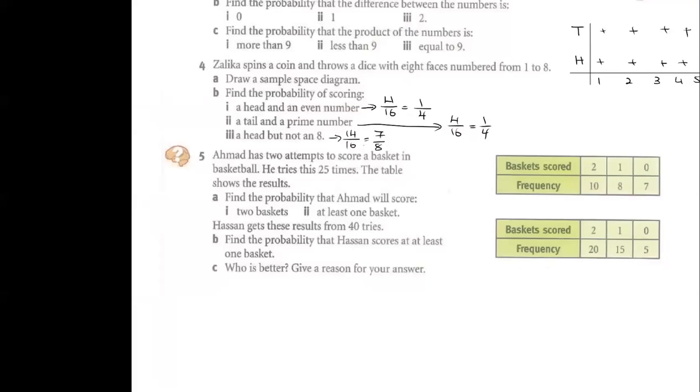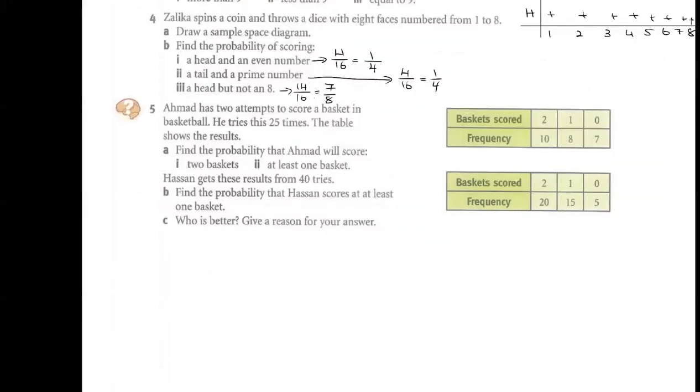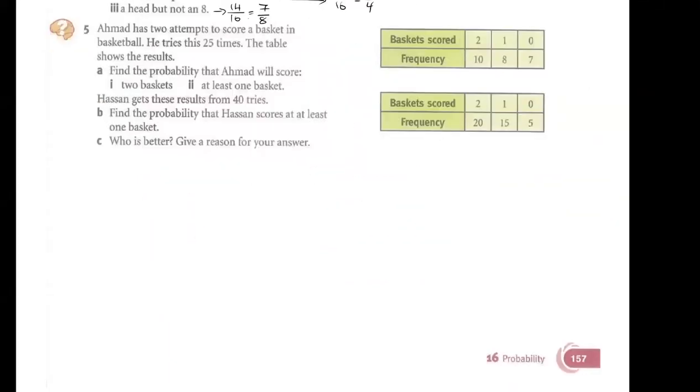That's it. The last one, Ahmad had 2 attempts to score a basket in basketball. He tries this 25 times. The table shows the results. Okay, so these are all the results that are being shown here. Find the probability that Ahmad will score 2 baskets.